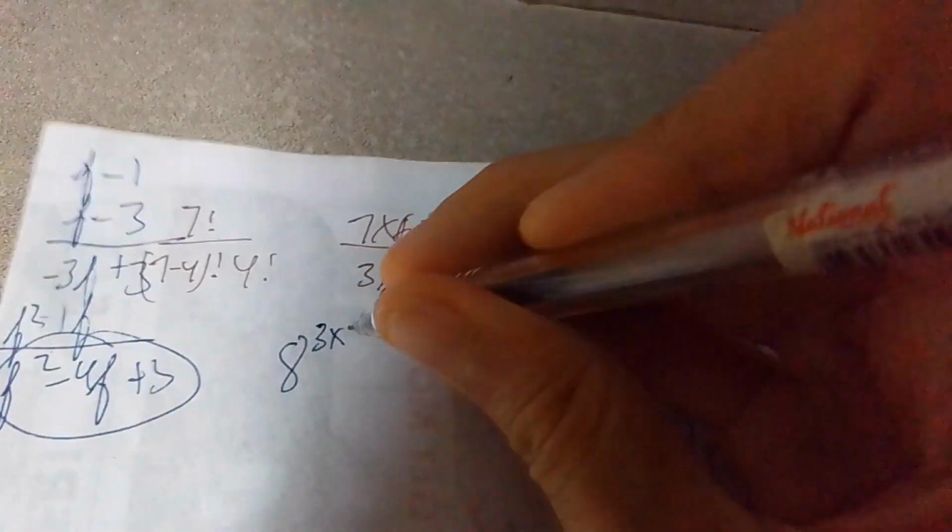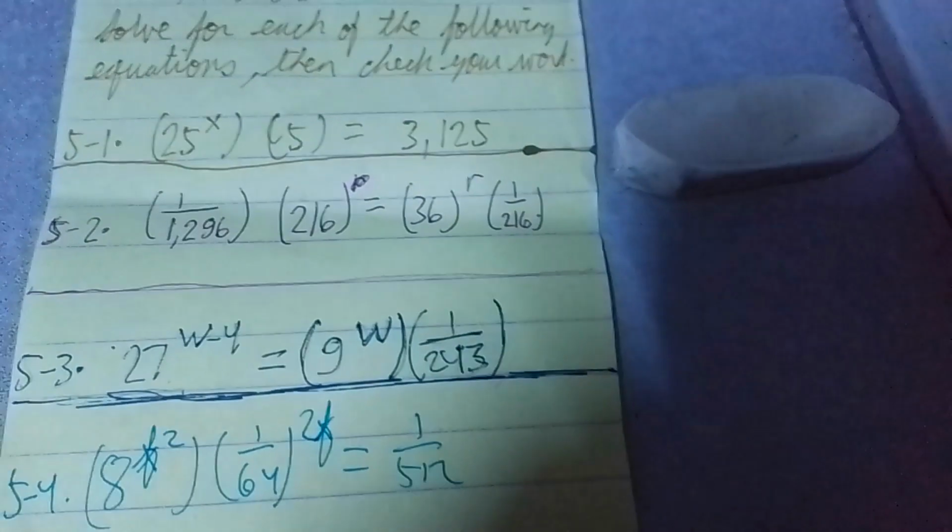Now that we have two answers, we need to check both answers to verify if these are correct. Let's go back to the original equation. Remember, we have 8 raised to the 3 times 3 power times 1 over 64 raised to the 2 times 3 power. That's equivalent to 1 over 512.